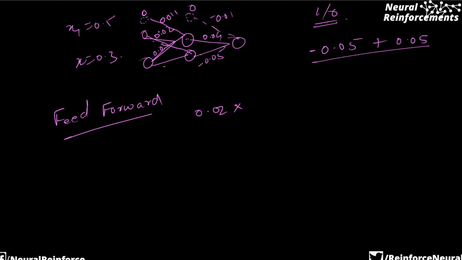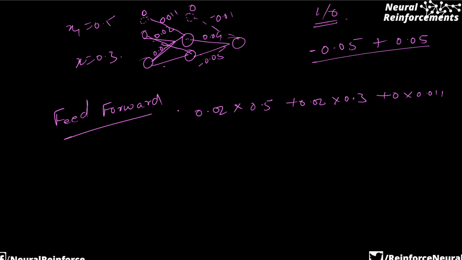So 0.02 into 0.5, so this is coming to here, and then 0.02 into 0.03. Here the bias is 0, so plus 0 into whatever is the weight for this, into 0.011.